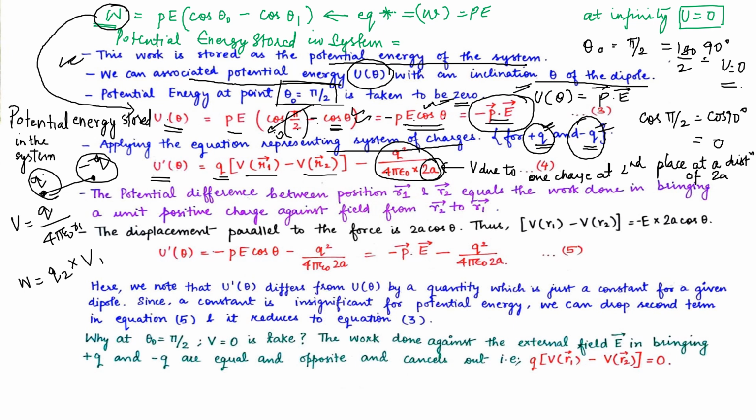So it will be equal to W equals q2 q1 upon 4 pi epsilon naught into the distance r12. Here q1 and q2 both are q, so q into q is q square. r12 is 2a, the length of the dipole, so 2a. So this is where we are getting this second term. Okay.